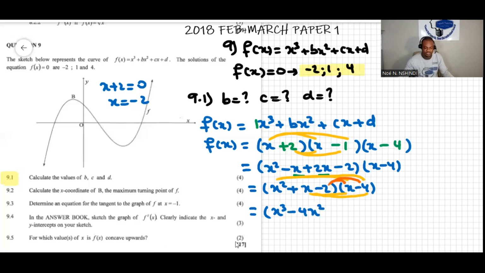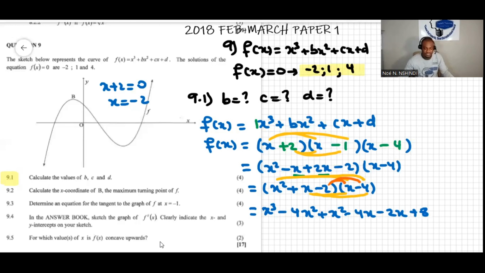Then x times x makes positive x squared, and x times -4 makes -4x, and -2 times x makes -2x, and then -2 times -4 makes positive 8.